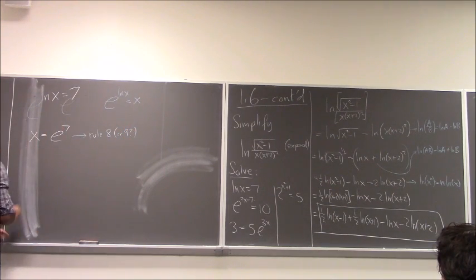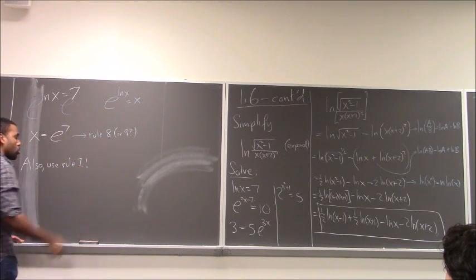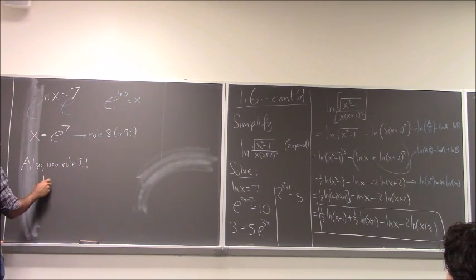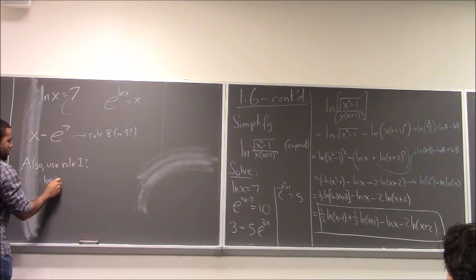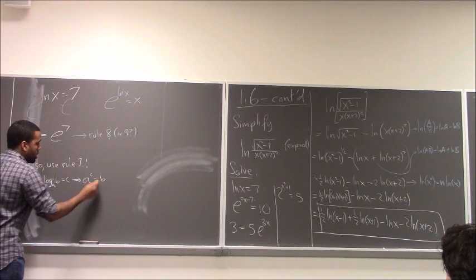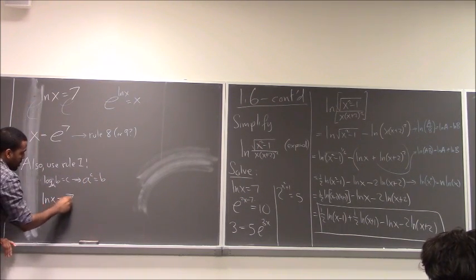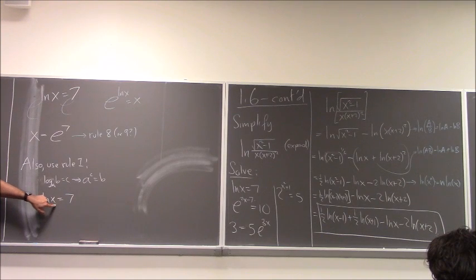You could also, by the way, use rule 1. There's the first rule that says you have log to the base a of b equals c. That means you can take a raised to the c and get b. In the same way here, if we had ln of x equals 7, you can think of this as log to the base e of x equals 7.